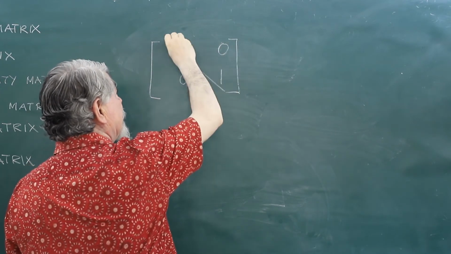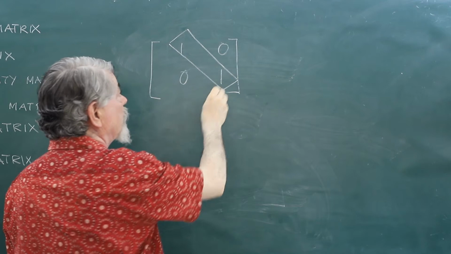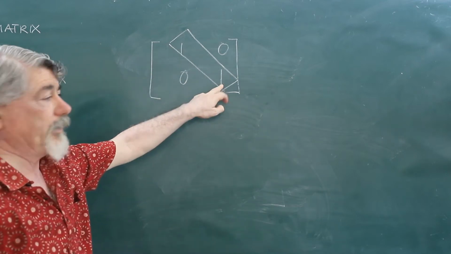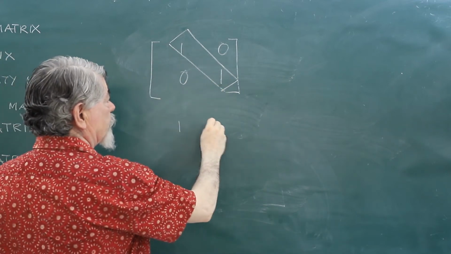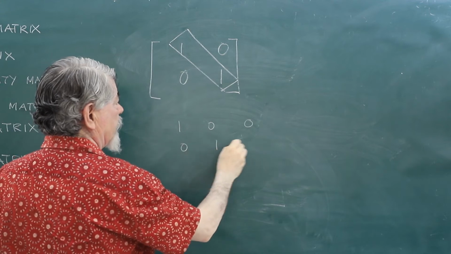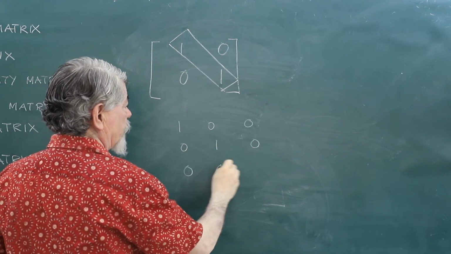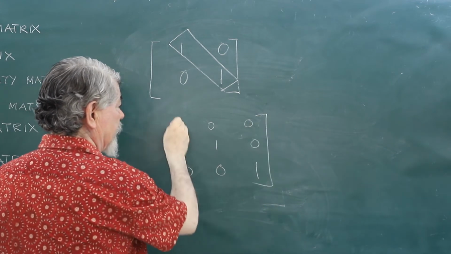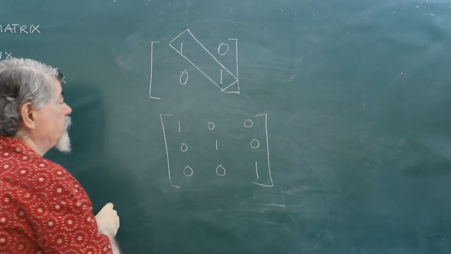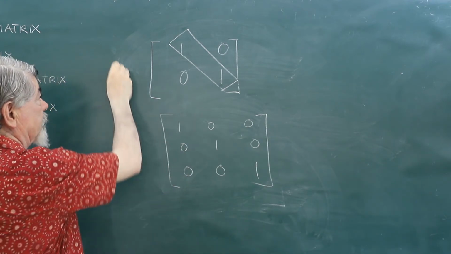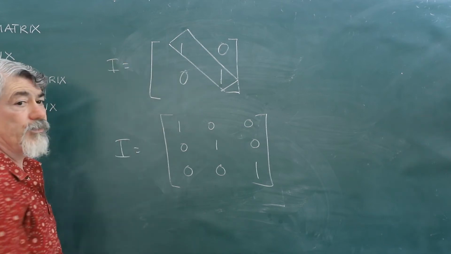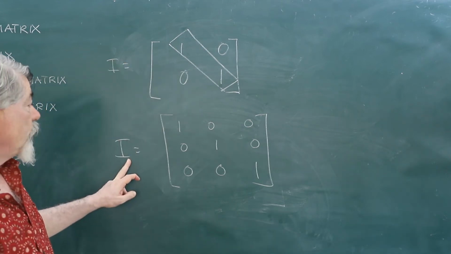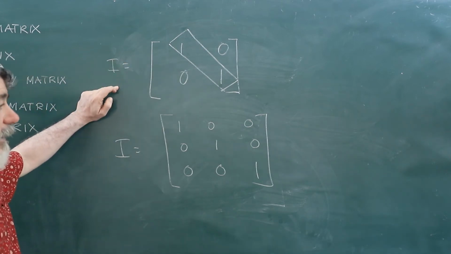This is the lead diagonal, and the lead diagonal is 1, 1, unit. For example, 1, 0, 0, 0, 1, 0, 0, 0, 1 is a unit matrix. It is the identity or unit matrix, denoted by I.